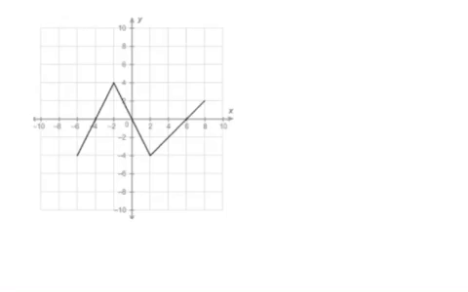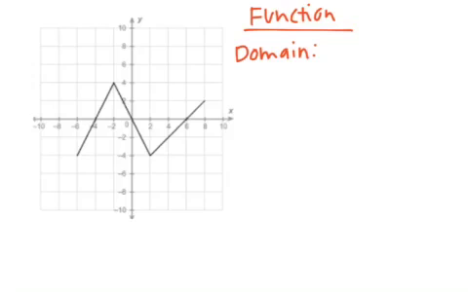So let's say that this is my function. You can tell that this is a function because it passes the vertical line test. So this is a function. Okay, let's first start with the domain. This is how far left and how far right my function goes.